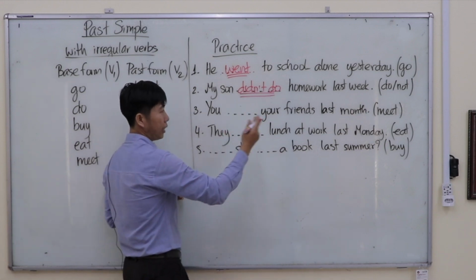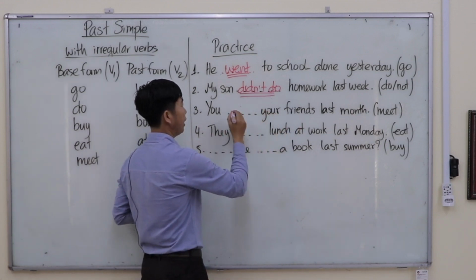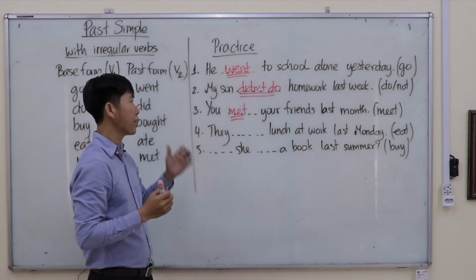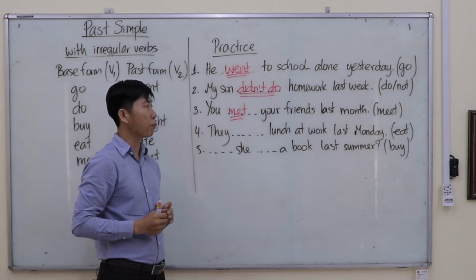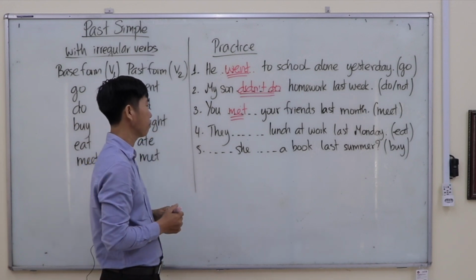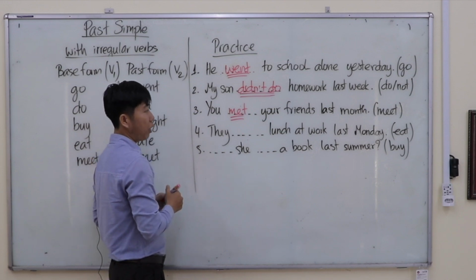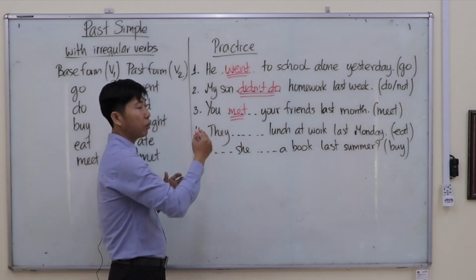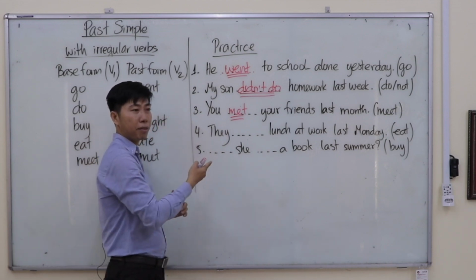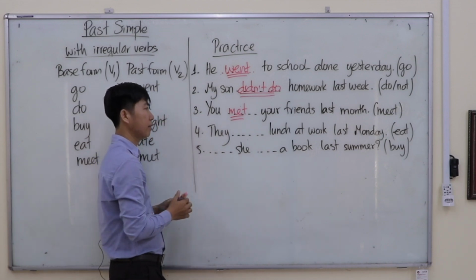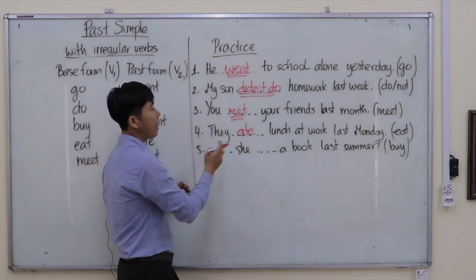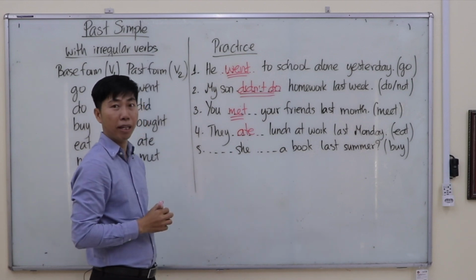The past of meet is met. So the correct sentence is you met your friends last month. And number 4, they blank lunch at work last Monday, and the word given is eat. The past form of eat is ate. So the full sentence is they ate lunch at work last Monday.